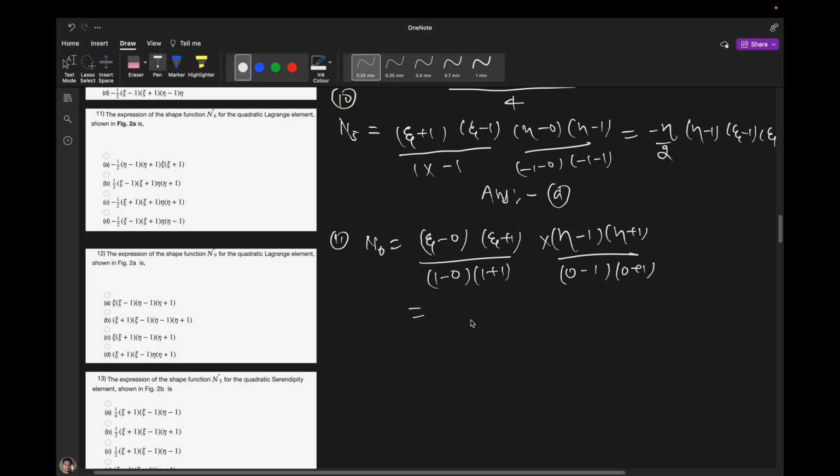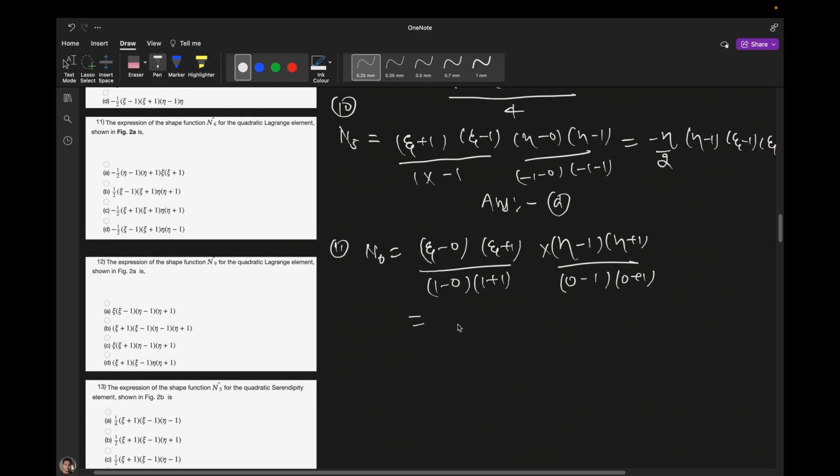After simplification we will get minus 1 by 2, xi plus 1, eta minus 1 and eta plus 1. So answer will be A.